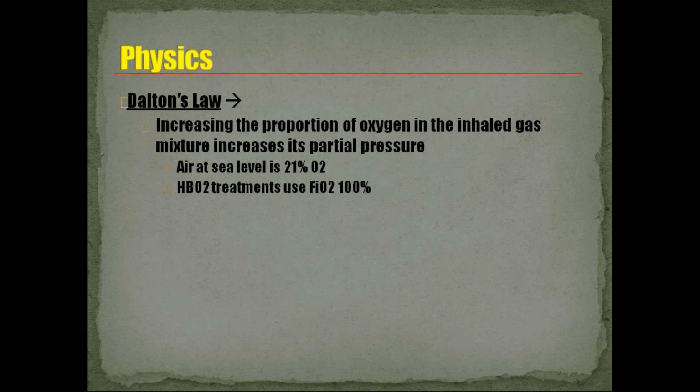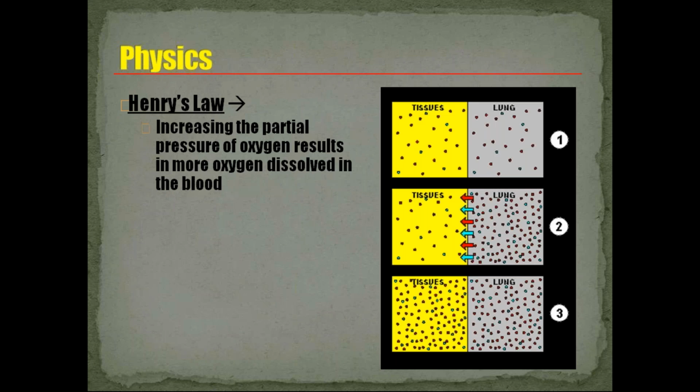Some laws: Dalton's law, increasing the proportion of oxygen in the inhaled gas mixture increases its partial pressure. Air at sea level is 21% oxygen. Hyperbaric oxygen treatments use FiO2 of 100%. You can see here, increasing the partial pressure of oxygen results in more oxygen dissolved in the blood.